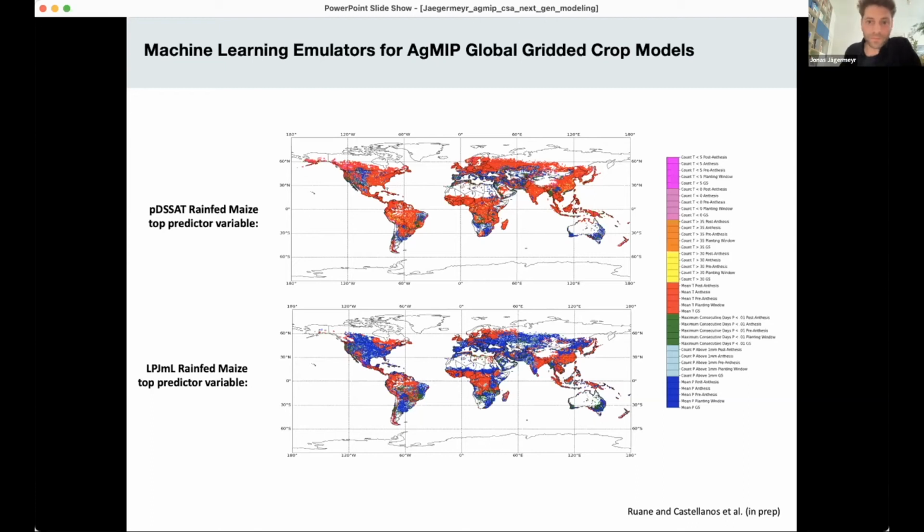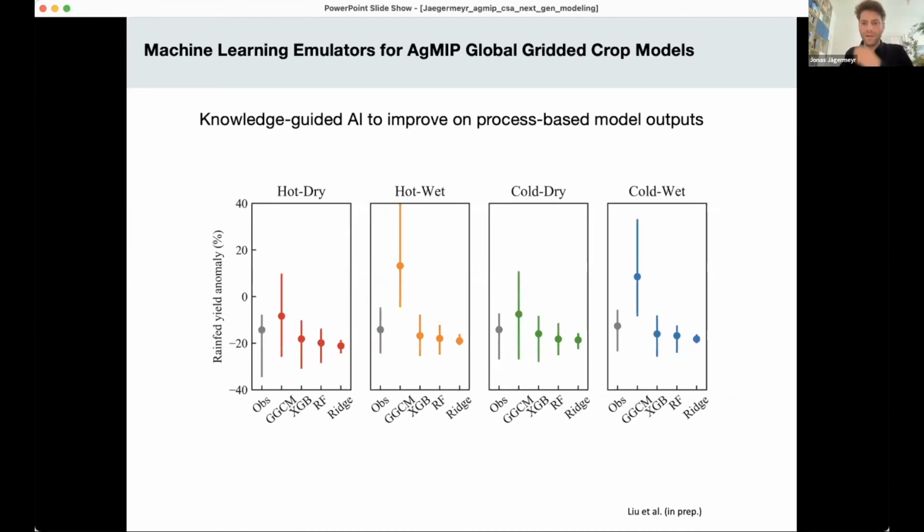And then finally on machine learning, we're working on one aspect of introducing knowledge-guided machine learning. Knowledge-guided means that in the feature selection, the machine learning algorithm is constrained by physical theory, so the output is supposedly plausible, which I think holds a lot of potential.